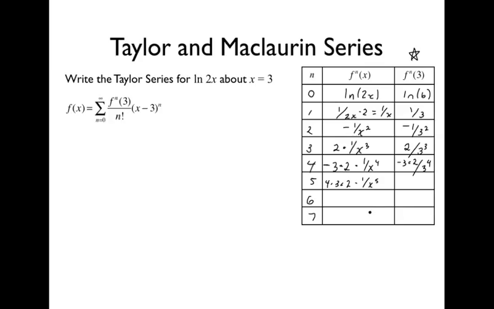What is 4 times 3 times 2? 4 factorial. So it's 4 factorial over 3 to the 5th. Then we have negative 5 times all of that, so negative 5 times 4 times 3 times 2.